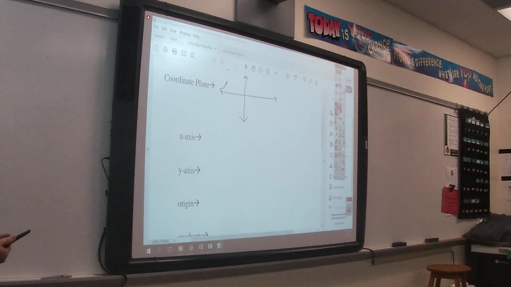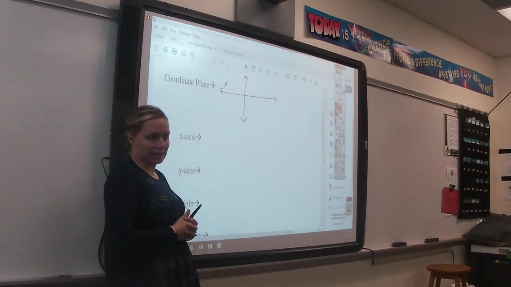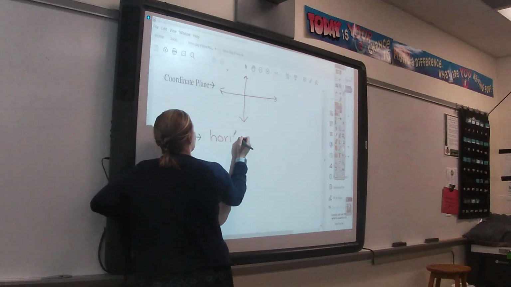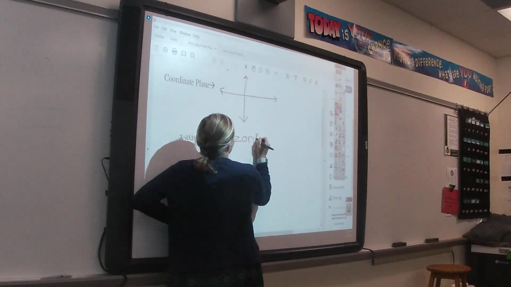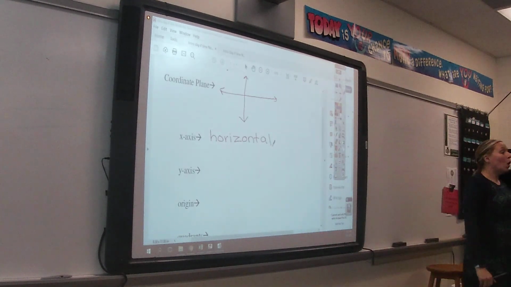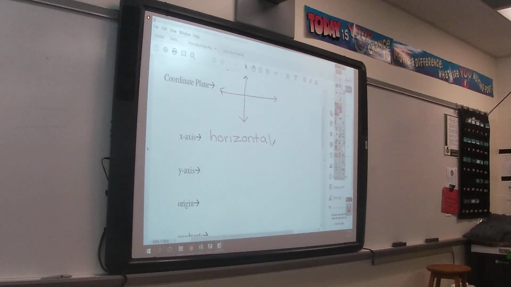Okay? So there are some things about the coordinate plane that we need to know. Like, we should know that the coordinate plane has an x-axis. The x-axis is our horizontal axis. And you're like, oh, Mrs. McKinney, I don't know what the word horizontal is. Horizontal is a line this way, like the horizon, right? So the horizon is when we see the sunset.